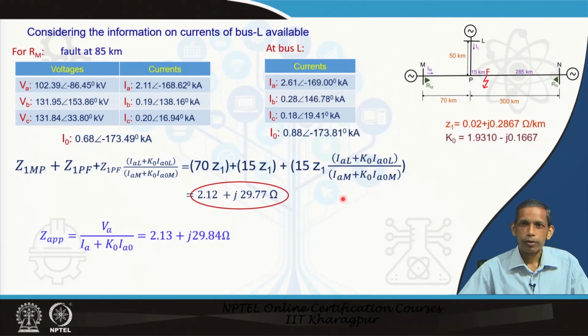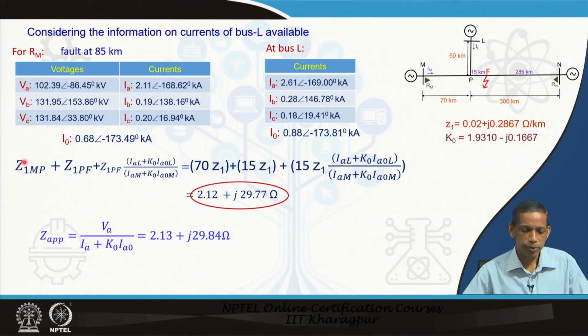Now, we will see that the apparent impedance which we have derived for the phase A to ground fault can be validated if you know the corresponding bus L infeed currents, which we have noted here, the 3 phase currents at bus L during that same fault, and the corresponding zero sequence component of current.